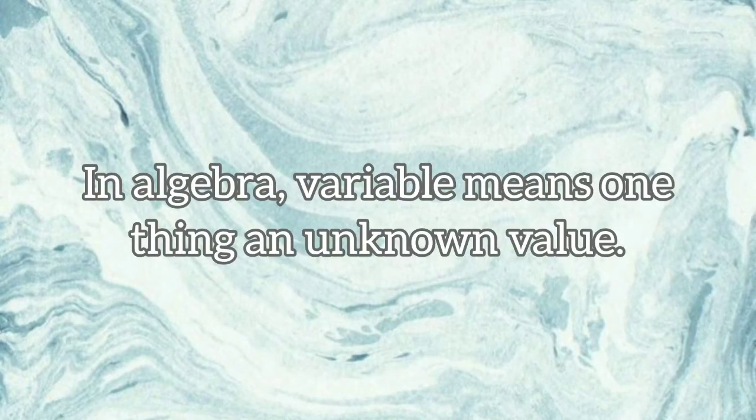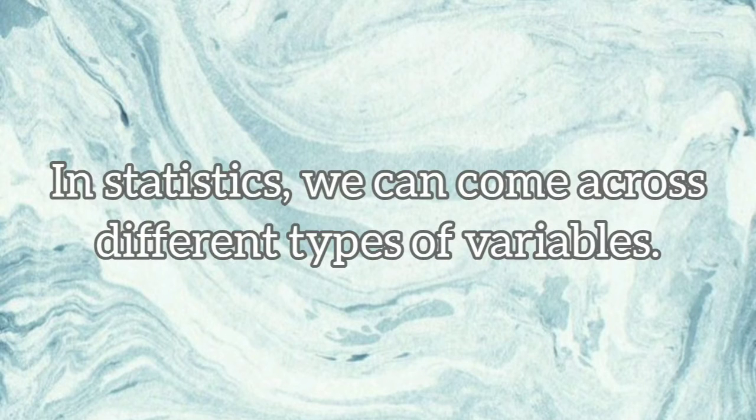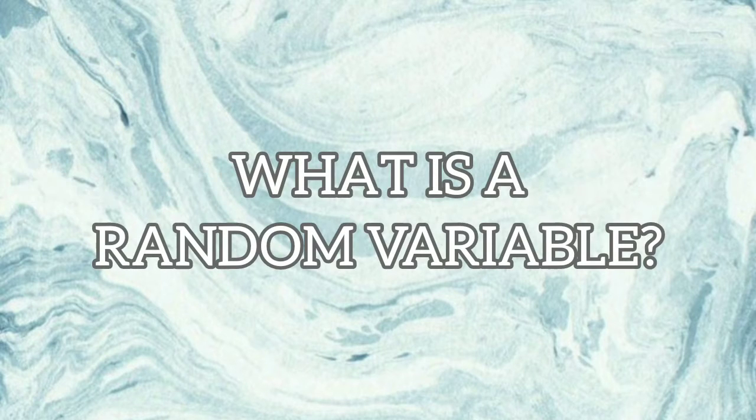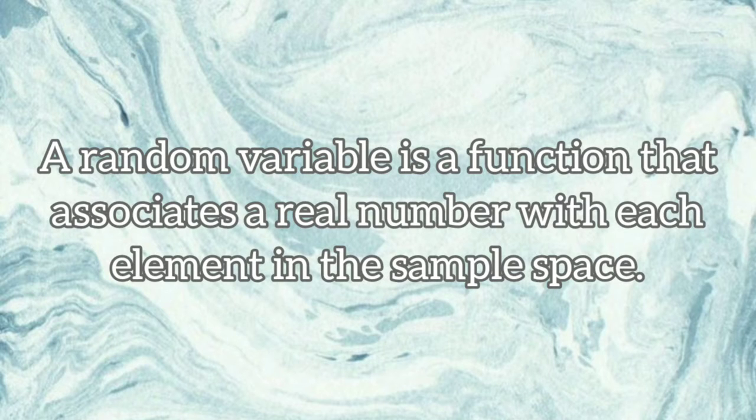In algebra, variable means one thing, an unknown value. In statistics, we can come across different types of variables. But for our topic today, we will meet random variable. So what is a random variable? A random variable is a function that associates a real number with each element in the sample space.